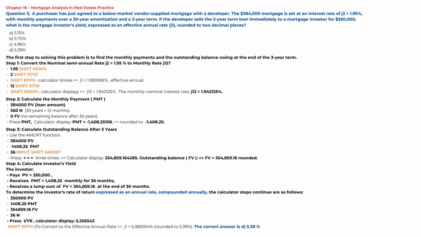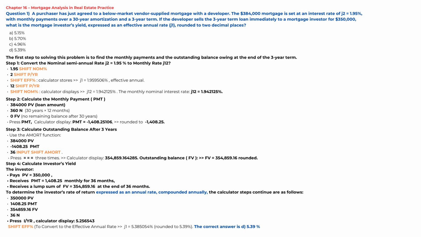Shift, NOM. Calculator displays J12 equals 1.942125%. That is, the monthly nominal interest rate, J12 equals 1.942125%.